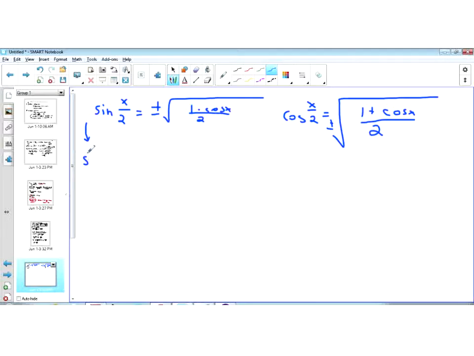So we know that the sine squared of x is equal to 1 minus cosine 2x over 2. I'm sorry, that should be the sine squared of x over 2.